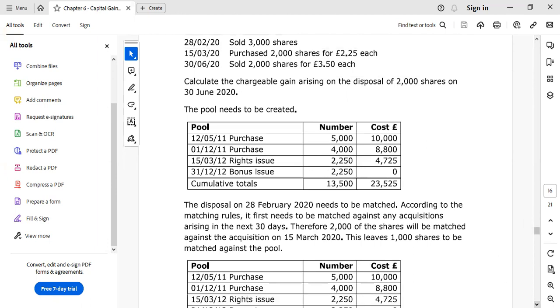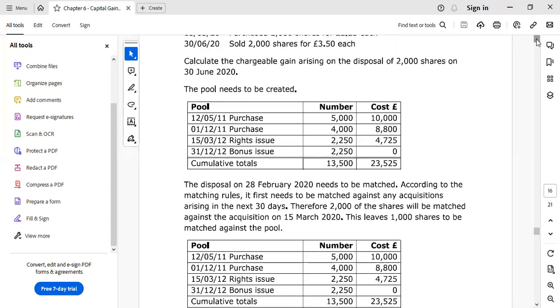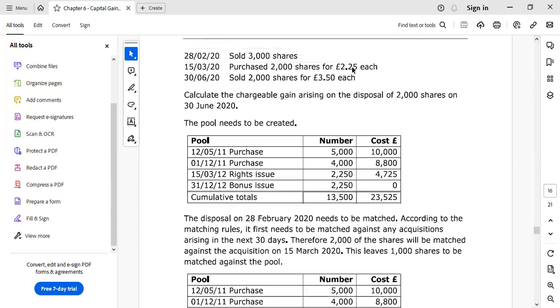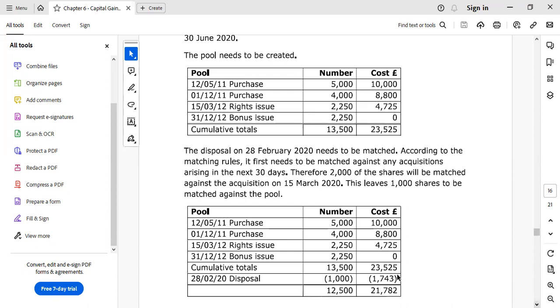So 1,000 shares multiplied by the price, and we need to multiply by 2.25, the purchase price. So we will get 1,743.